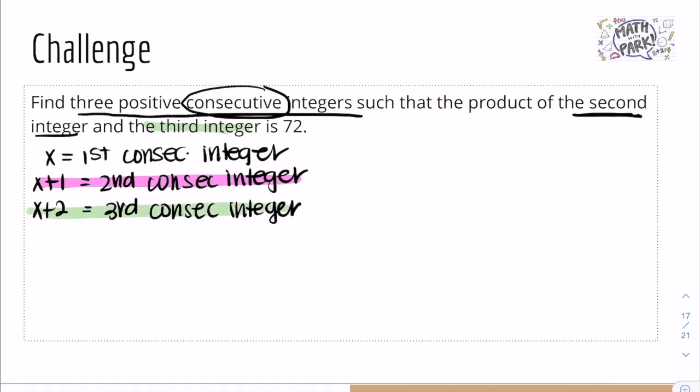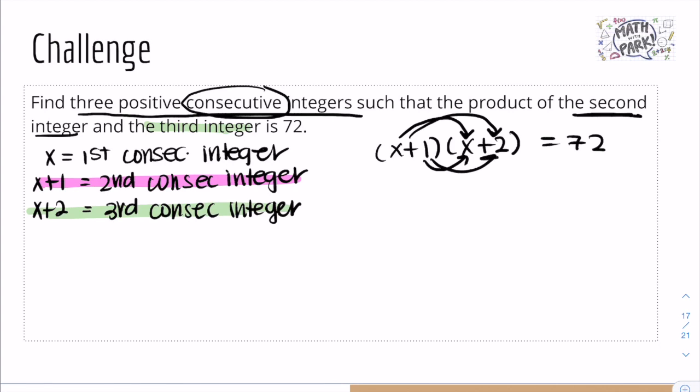So we're only going to work with those two expressions. X plus 1 times x plus 2 equals 72. I hope you solved the problem. If you didn't yet, pause right here and try solving it so that you can assess your understanding.